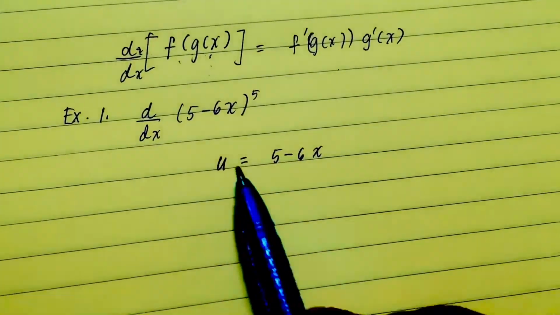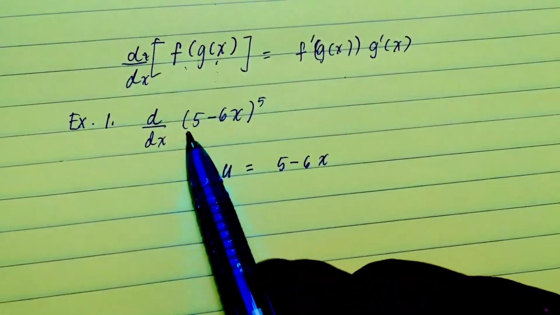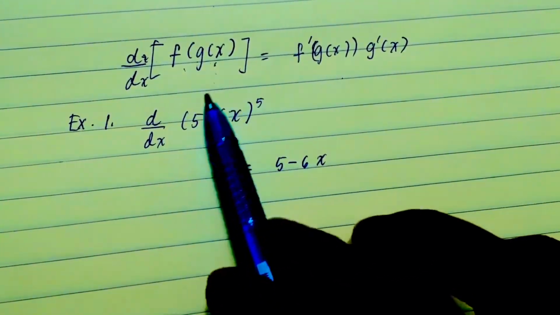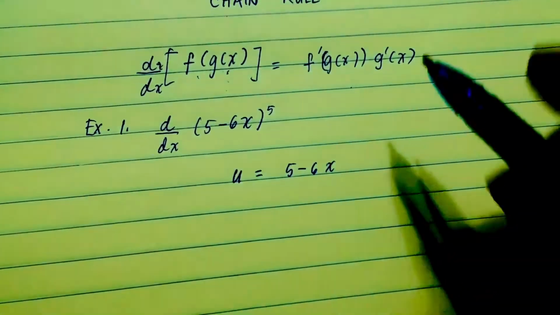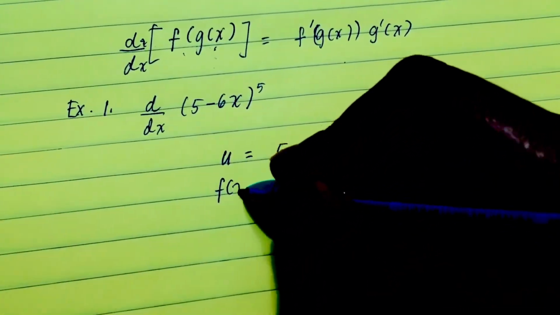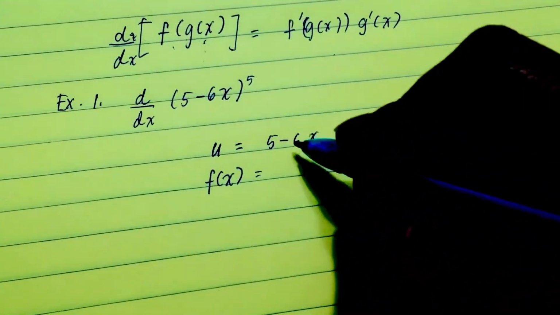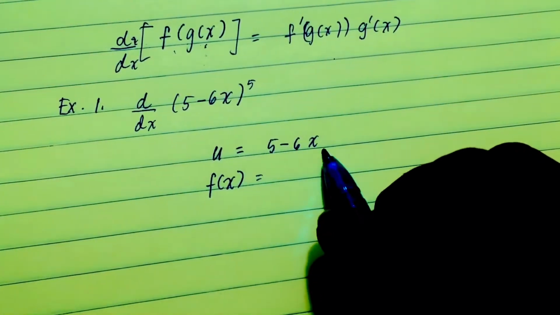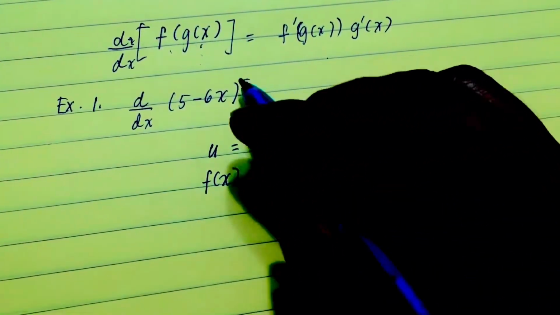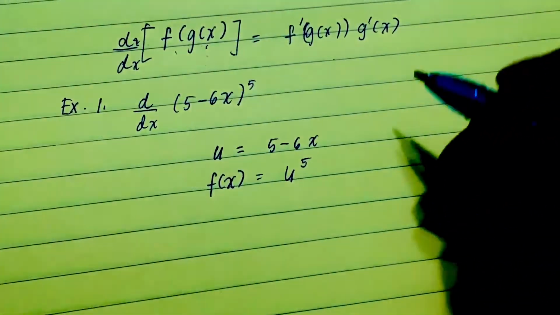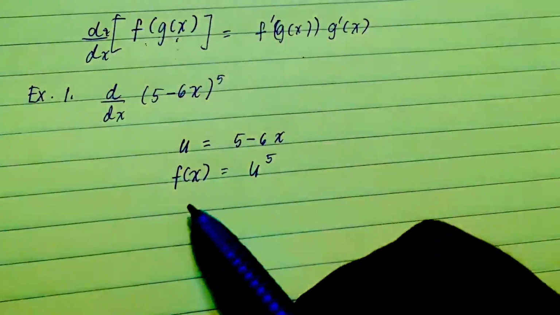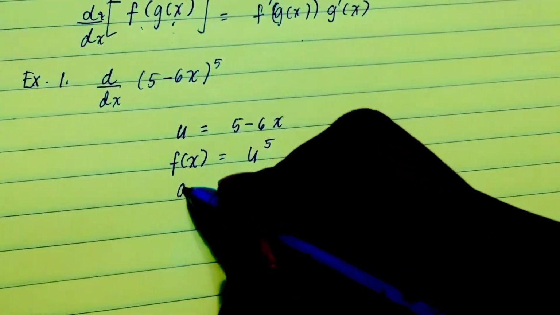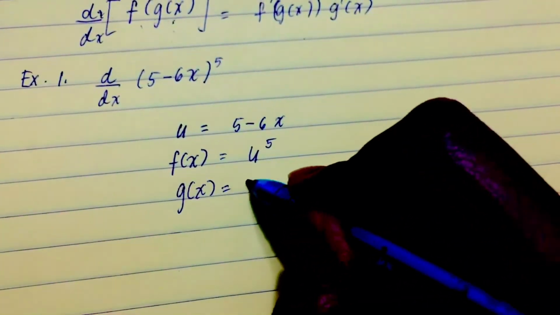Okay, the outer there is the whole one, as your f of x. Okay, this is your outer. So 5 minus 6x is your u, then raised to the 5th power. Then your g of x is equal to your u.